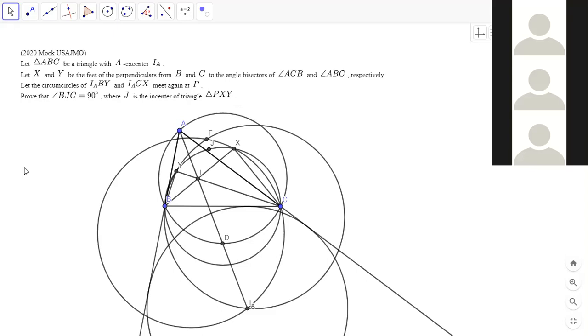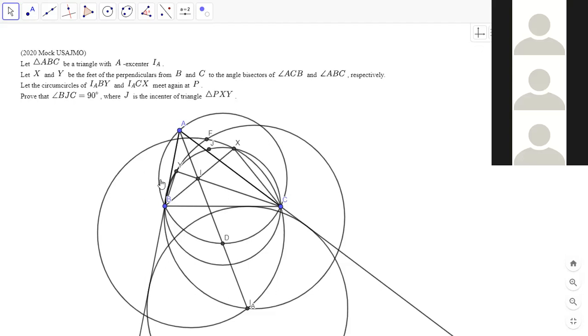Ah, yeah, that's too easy because then we know YJXC is cyclic, right? So YJX, we can find that XCIA equals 90 plus A over 2.